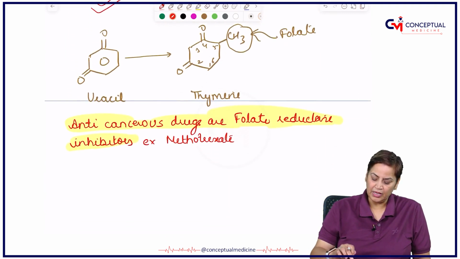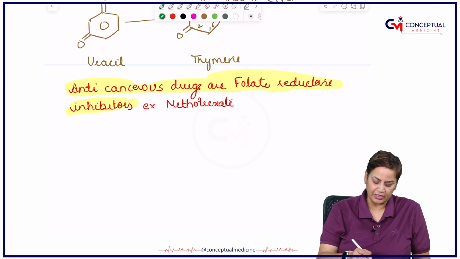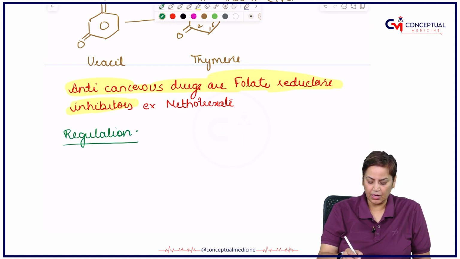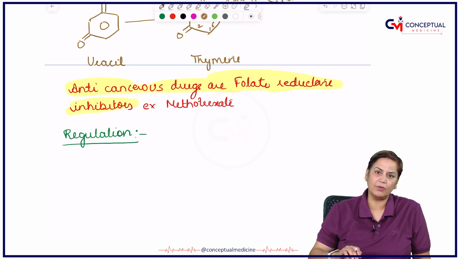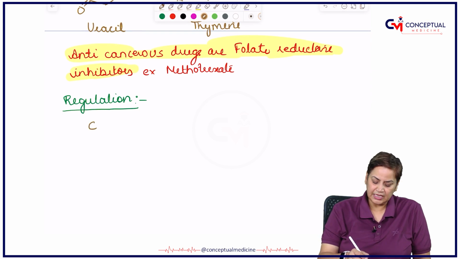Then we come over to the most important part of this. What is the regulation? Now always remember, whenever we talk about regulation, CPS II is the rate limiting enzyme.